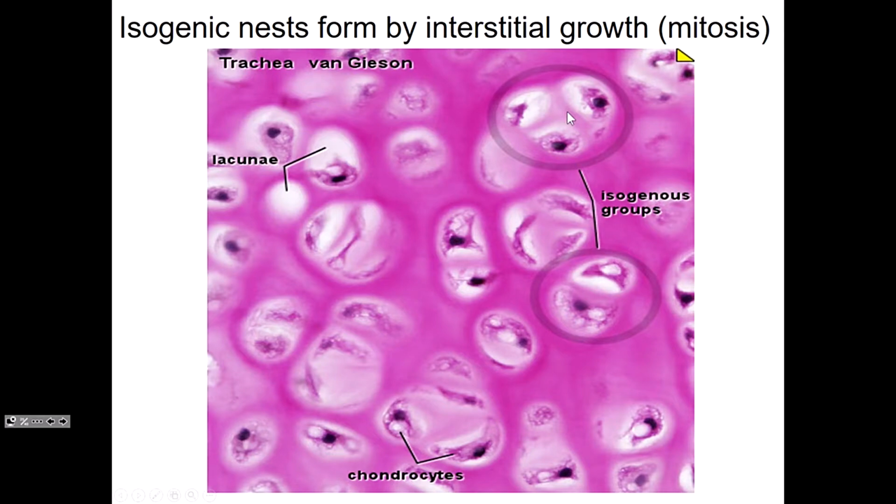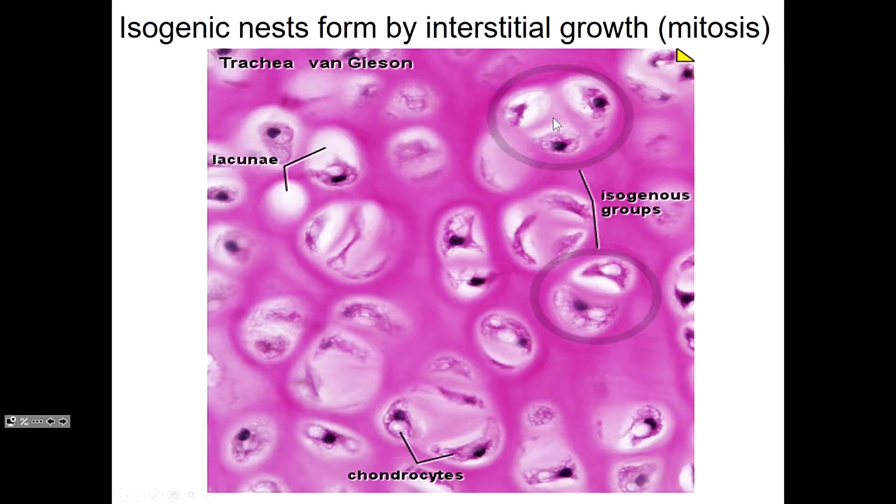So you might have differentiation of the perichondrium into chondroblasts and chondrocytes, appositional growth, and then eventually in the middle of that cartilage formed by appositional growth, you'll get these very mature isogenous nests in the middle of the cartilage. These can also grow by interstitial growth. So if you see an isogenous nest, i.e. two or more chondroblasts or chondrocytes together, they may have formed by interstitial growth to form that cartilage.